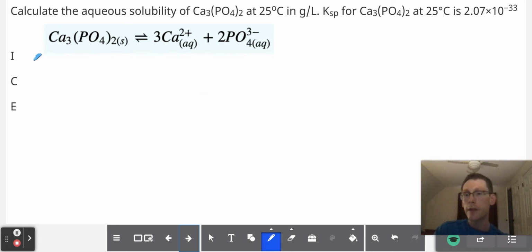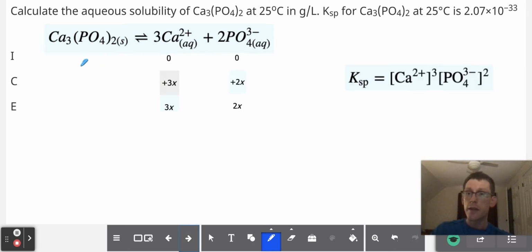And in this case, we're going to need to use another ice table. What we'll do is we'll say that initially there is 0 concentration of calcium phosphate. This is something to ignore because we're dealing with a solid here, so we can ignore it. But our calcium ions initially, before we dissolve any, there are none, and our phosphate ions, there are none. But what we'll say is that the calcium ions increase by a factor of 3x.